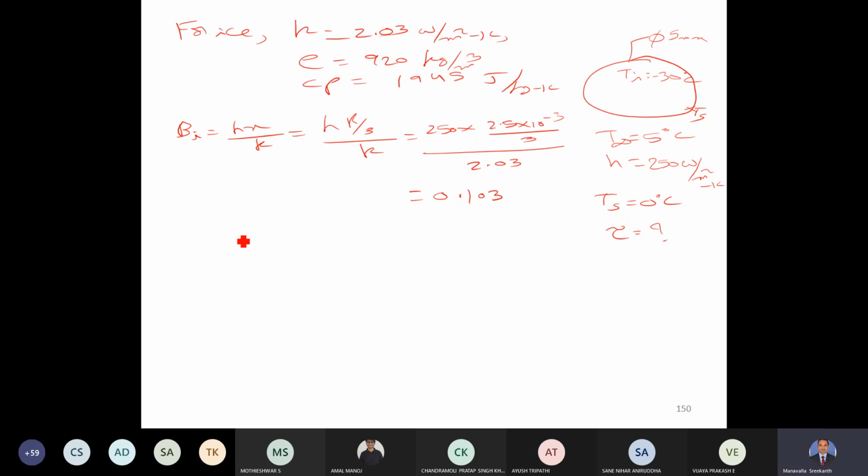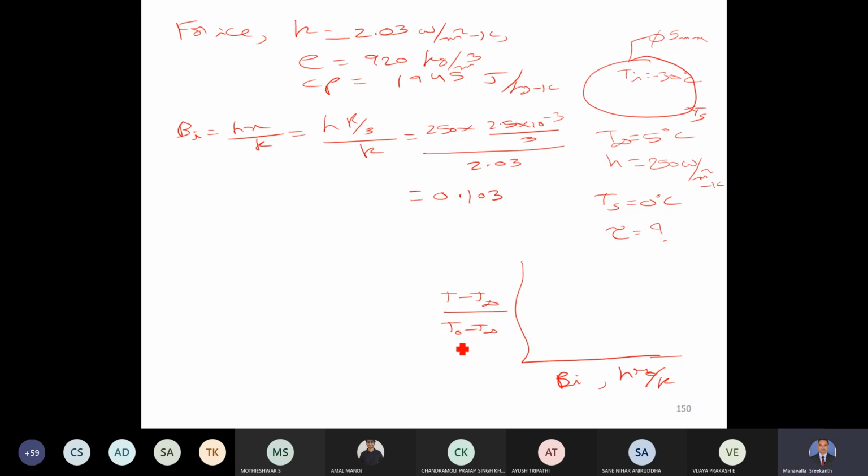And what is the x-axis here? It is the Biot number, h R naught by k. And the y-axis is T minus T infinity divided by T naught minus T infinity.